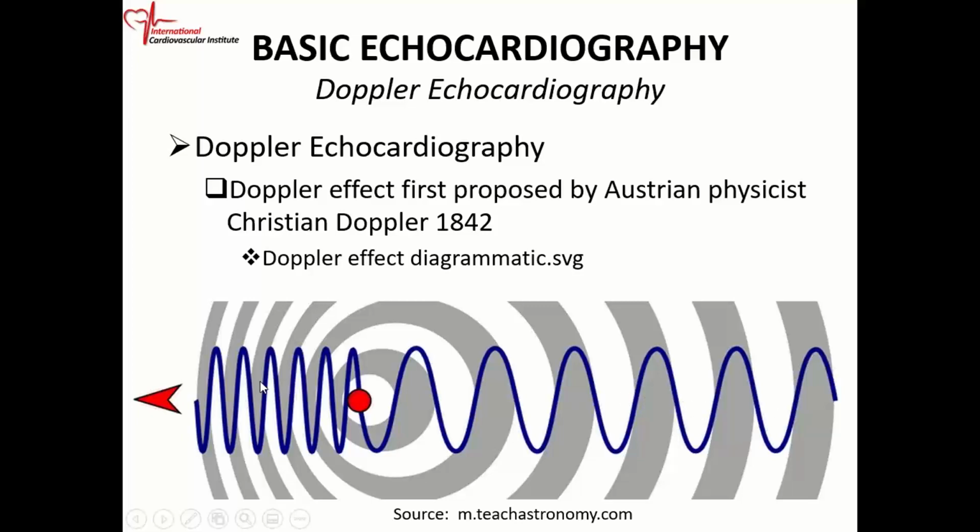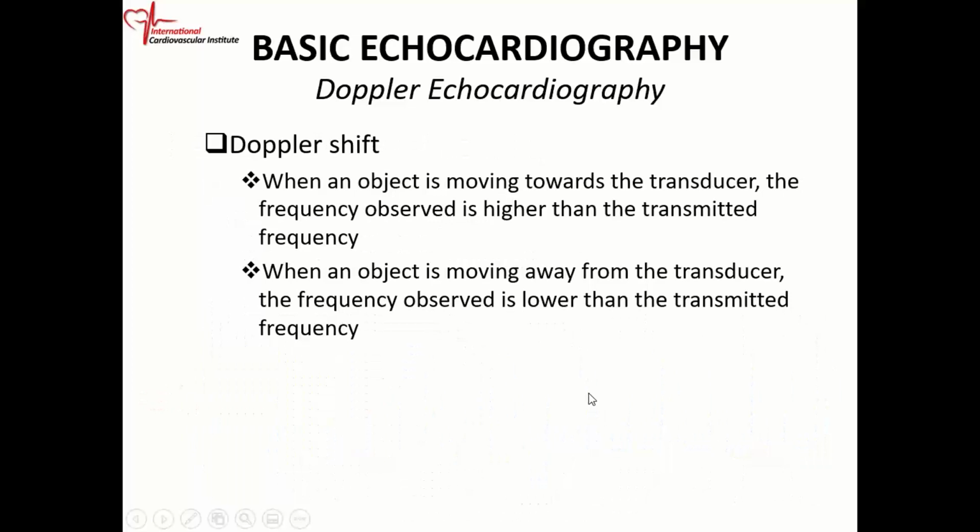Remember, frequency is just the number of cycles. So if we bunch up the cycles, that means an increase in frequency, and if we space out the cycles, that means a decrease in frequency. So it's not really a difficult concept to grasp. But if you have never thought about it before, putting it in mathematical equations might be a little bit daunting.